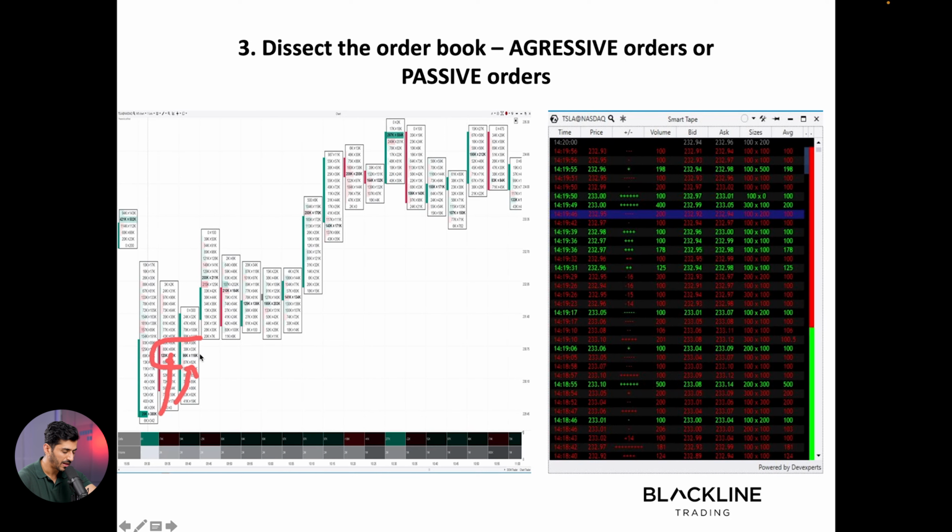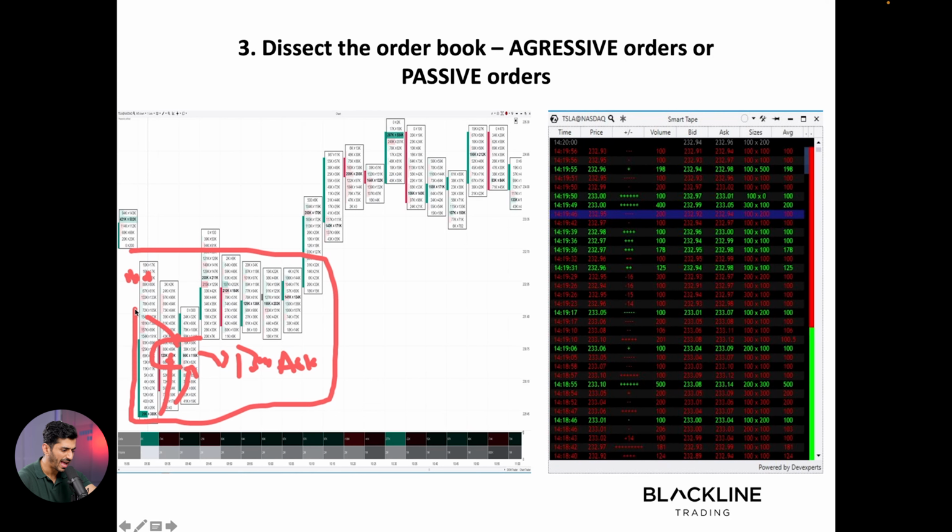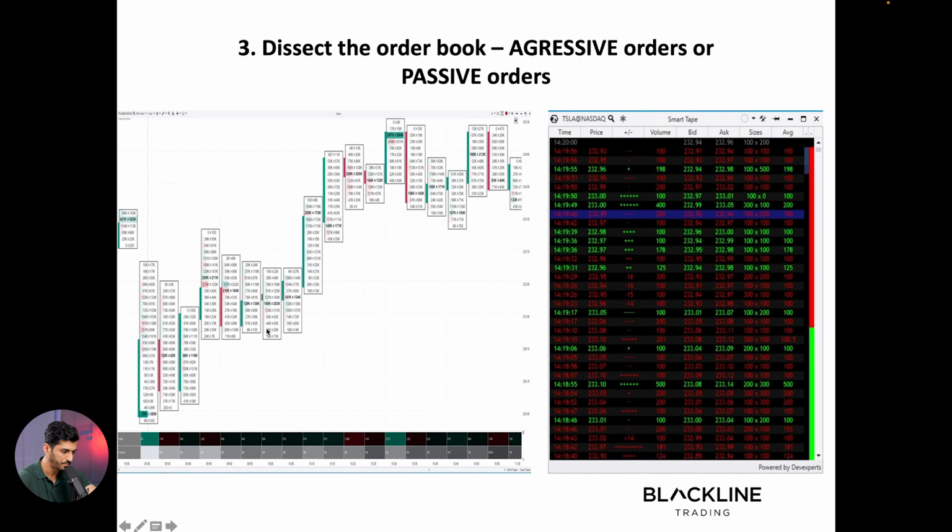Once again, guys, the right-hand side is indicating your buy side, basically ask side, and the left-hand side is indicating the bid side, right? So what is happening if you look at this area, is that there's a lot of activity happening and a lot of orders are getting filled.